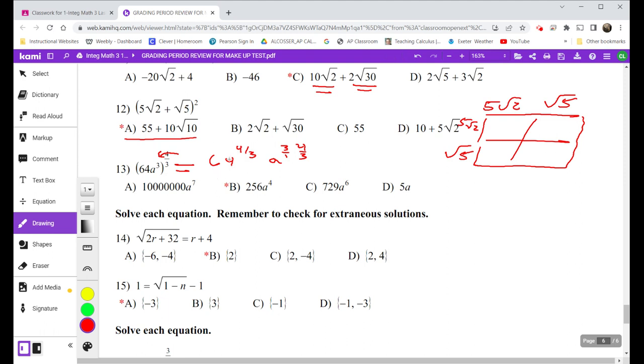The 3 becomes the root, so this is going to be the cube root of 64, and then that answer is going to the 4th power. I know that the cube root of 64 is 4, and then 4 to the 4th power is 256. Then 3 times 4 is 12, 1 times 3 is 3, and that becomes 4. So this becomes a to the 4th power, and that's why the answer is right there.